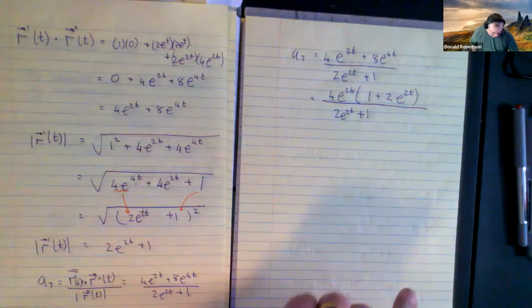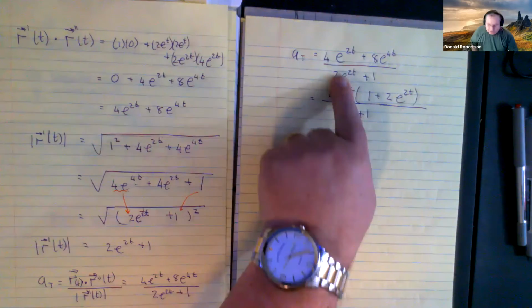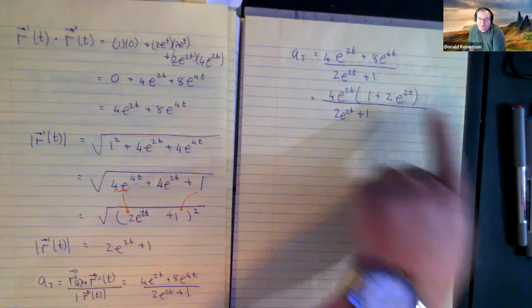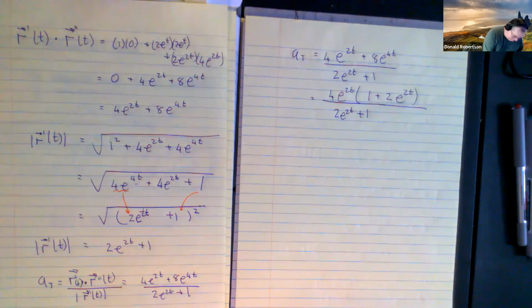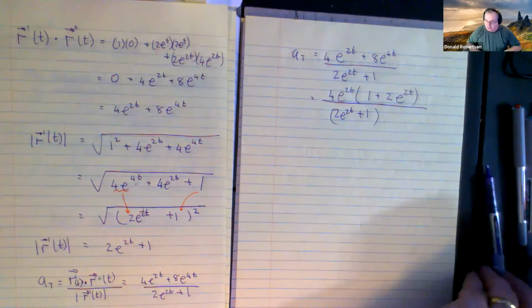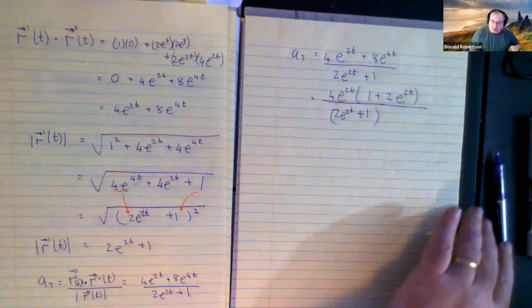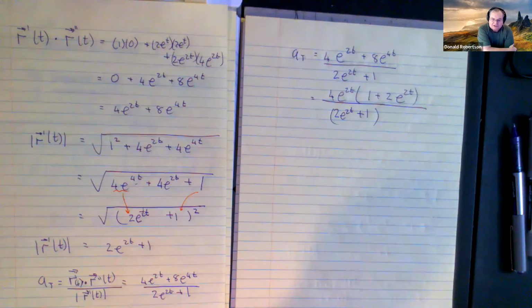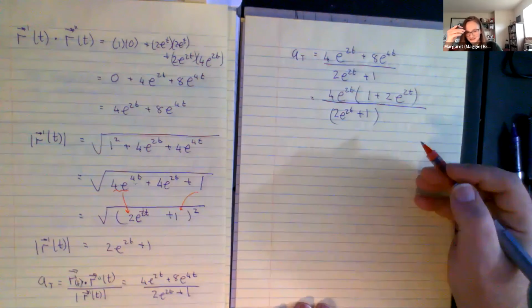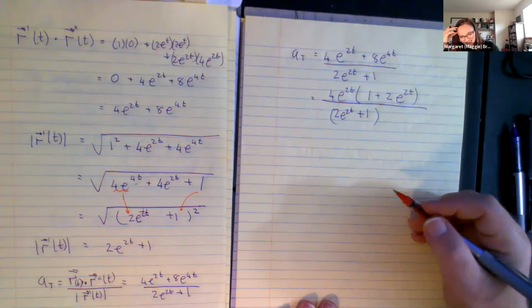Do you see something pretty? I see smiles, so that means yes, at least some of you see something pretty going on. What can you see staring you in the face? Come on, just see it. The 2e to the 2t plus 1 cancels.